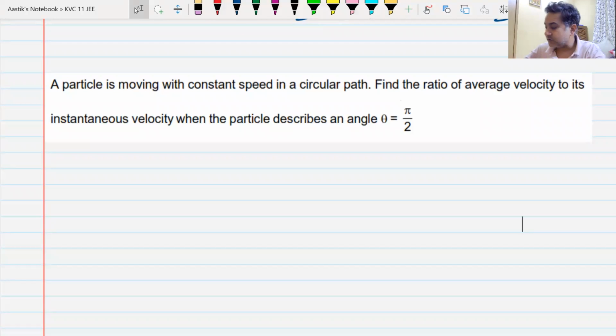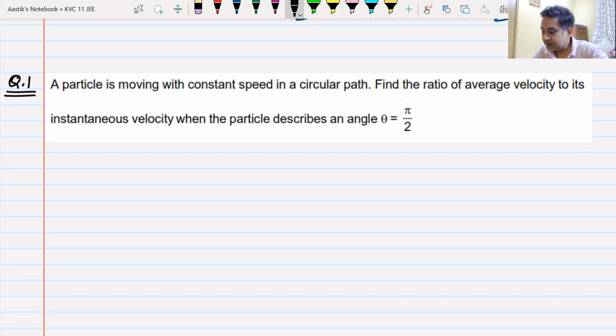Okay, so this is the first question on this category. A particle is moving with a constant speed in a circular path. Find the ratio of average velocity to instantaneous. No, you cannot do it right now. I have not told you something, so we'll leave it here. Don't write this question.